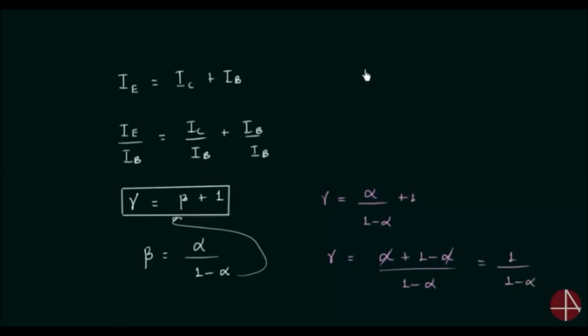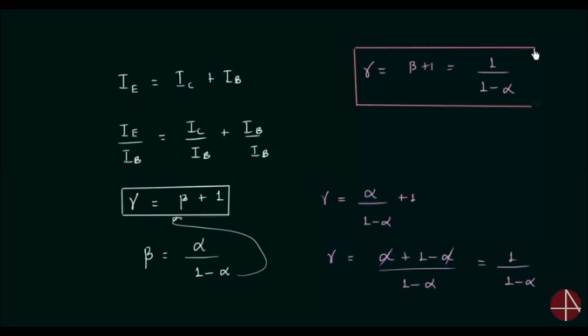So finally we have gamma equal to beta plus 1, and it is equal to 1 divided by 1 minus alpha. So this is the relation between alpha, beta and gamma, the three amplification factors for common base configuration, common emitter configuration and common collector configuration.